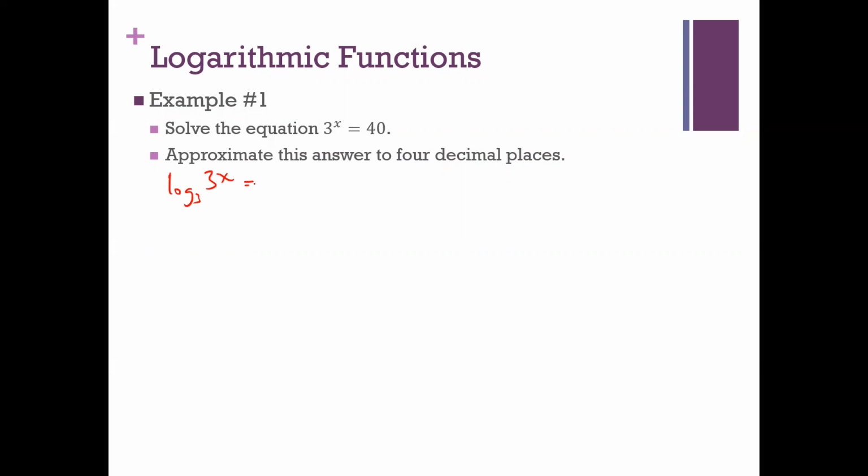So log base 3 of 3 to the x equals log base 3 of 40. How does that simplify from there?